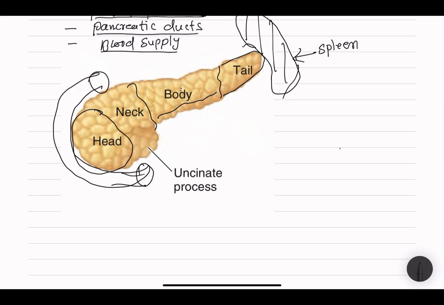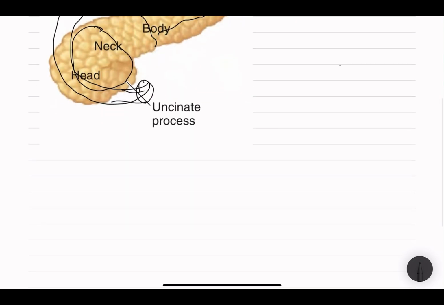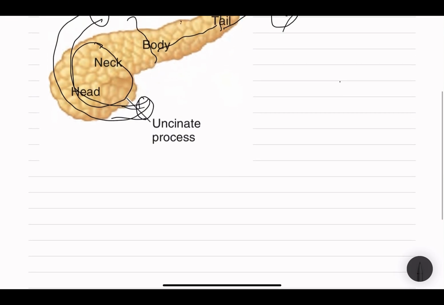First we have to know what the functions are. Just in brief, we will discuss in detail in physiology. In anatomy, we just have to go briefly over what the functions of the pancreas are. So the pancreas has both endocrine and exocrine properties.